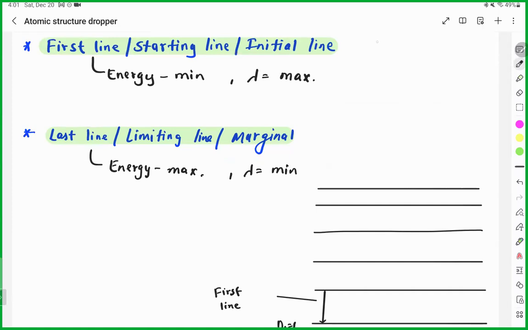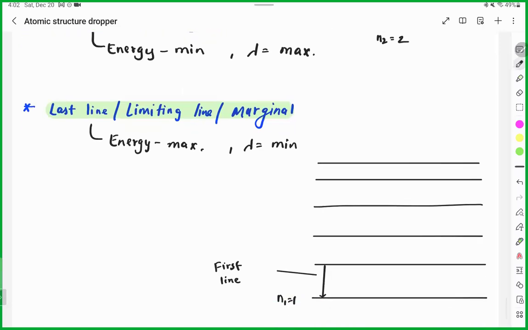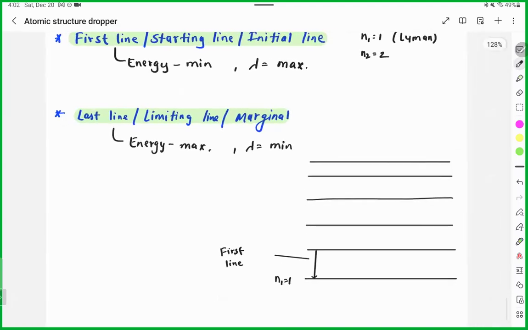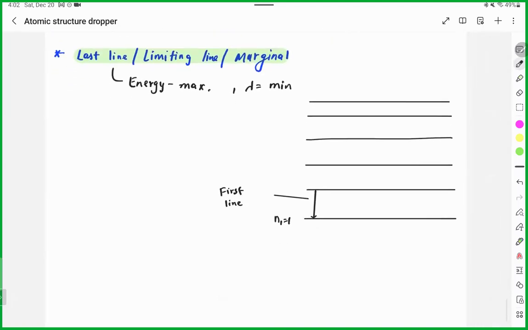Example, in case of Lyman series, n1 value is fixed, that is 1. If radiation comes from n2 equal to 2, then there is a minimum difference. This line is known as first line. I'm telling you again: if the line comes from the minimum distance, you will call it first line.